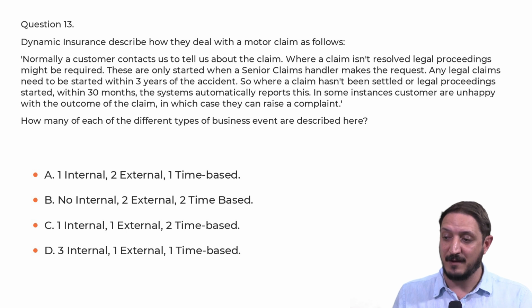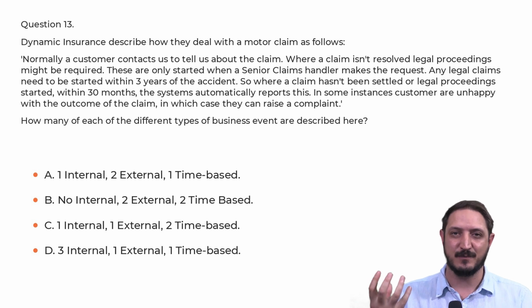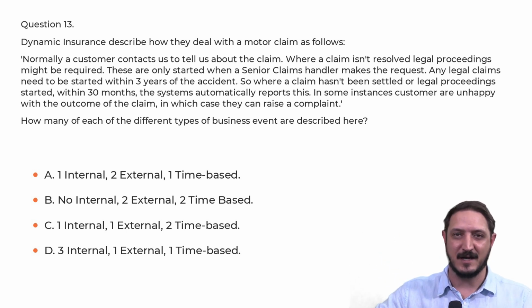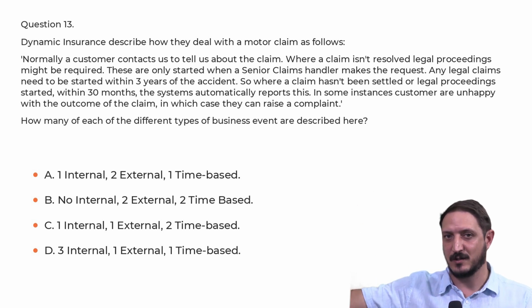So this specific role of the senior claims handler is indicating that this is a person that works from inside the organization. It's an employee. It's not someone who's outside, like the customer or like a supplier or an external system.